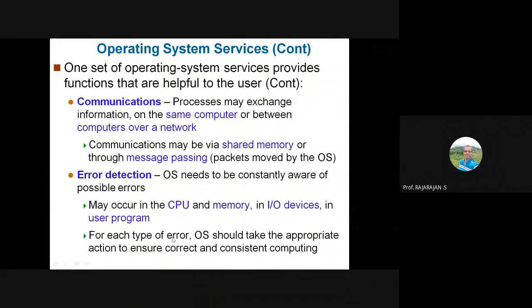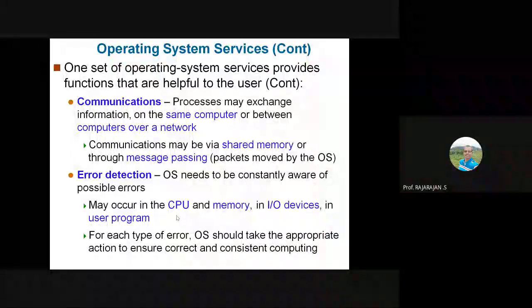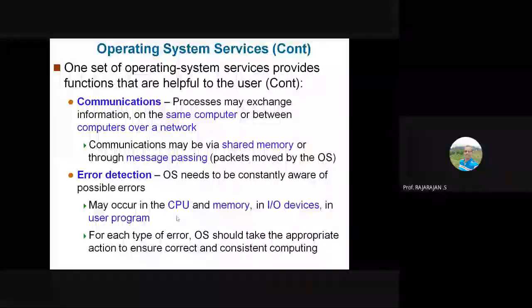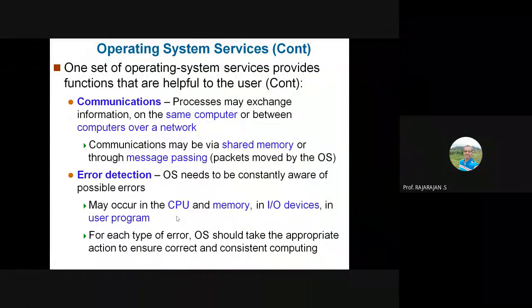So the OS has to take an appropriate action to deal with the error, and that appropriate action may even be terminating the process. It may even have to kill the process if that is the only option left. Otherwise, it will try to notify the user that something abnormal has happened in the computer. We get to see some notification like that when something goes wrong. So another is debugging facility that is also provided to the programmer.